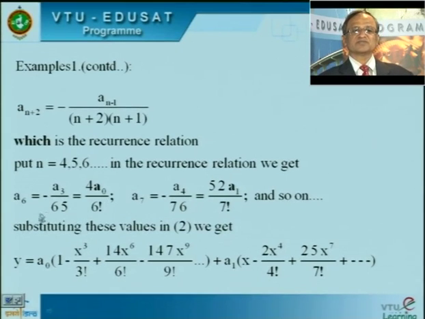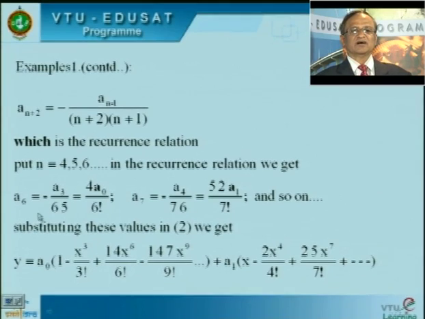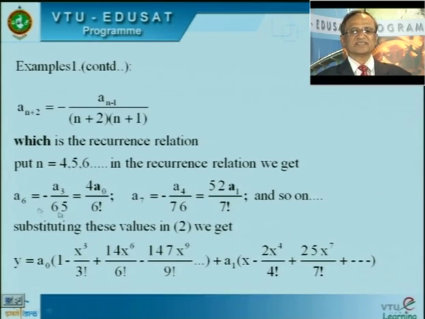Now I want to substitute all these constants in the assumed solution. I can obtain y, because our terms a6, a7, a8 or a3, a2, all those terms are contained either in terms of a0 or in terms of a1, right. Now I will collect all the coefficients of a0.